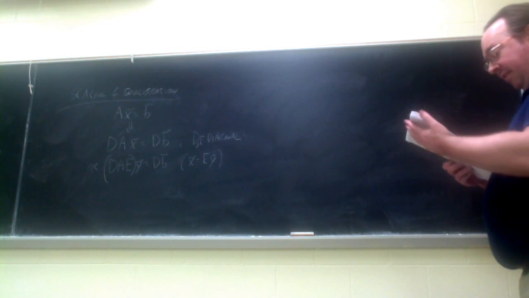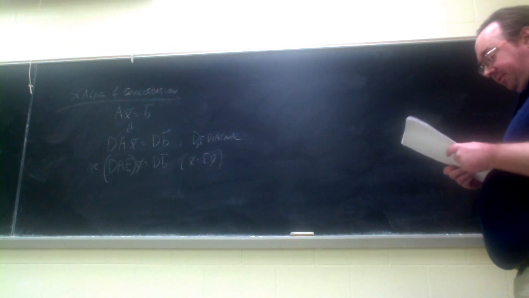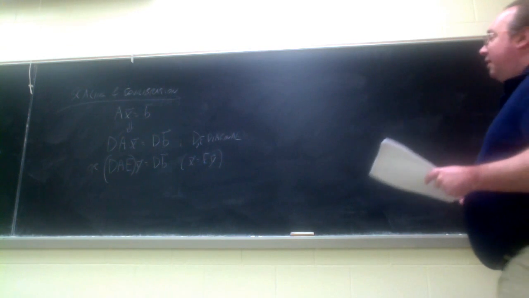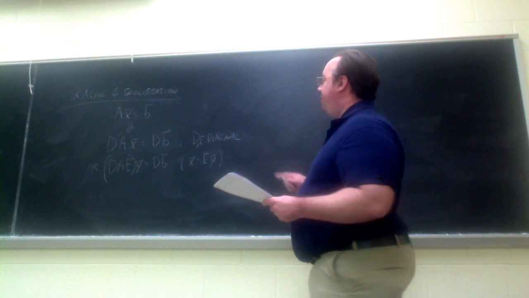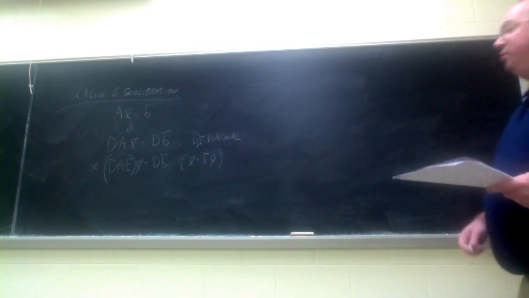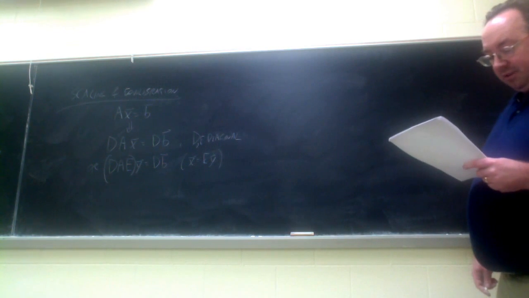Multiplying a matrix by a diagonal matrix takes only order n squared operations instead of the usual n cubed. So we'd like to be able to choose D or E in order to reduce the condition number.